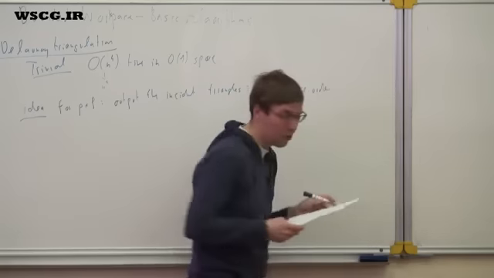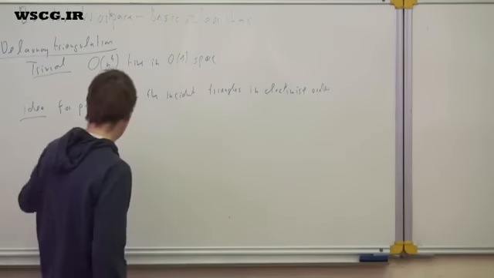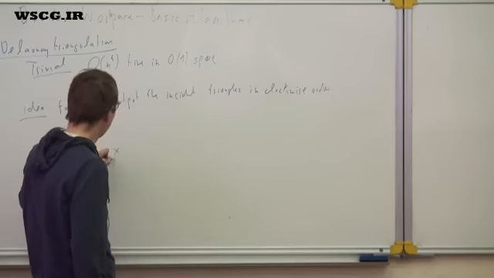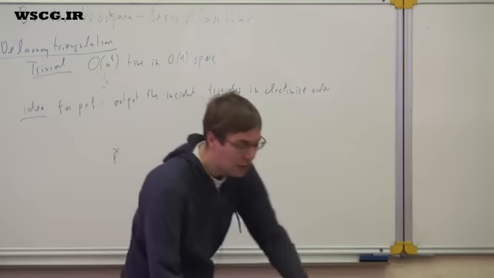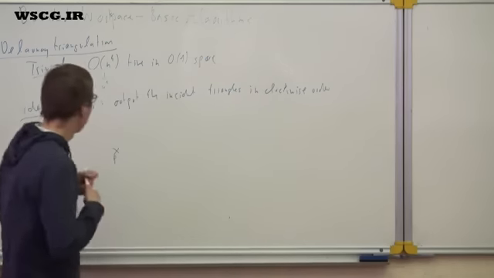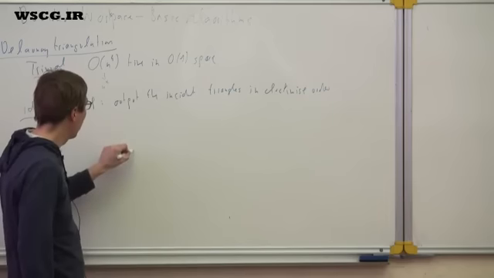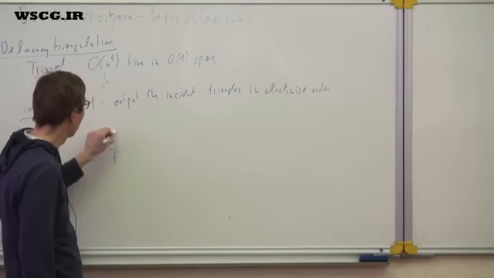My strategy is that I'm going to describe to you some procedure so that you give me some point p, and I will then explain how it is possible, starting from p, to enumerate all the triangles which are incident to p. I guess this is called the star of p.